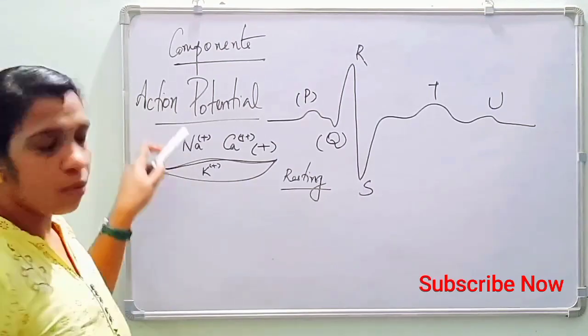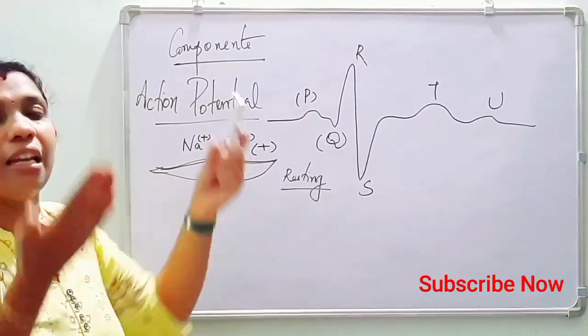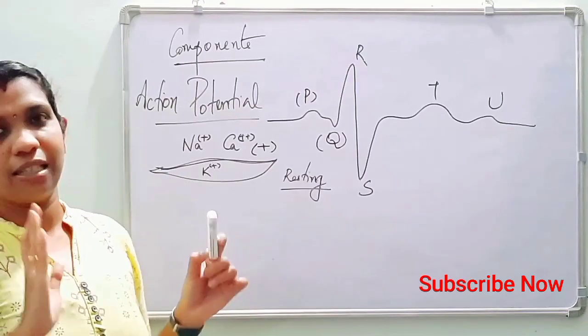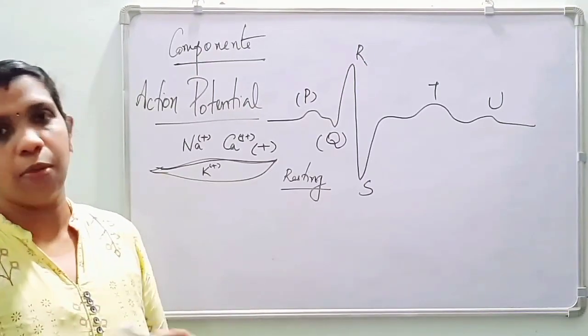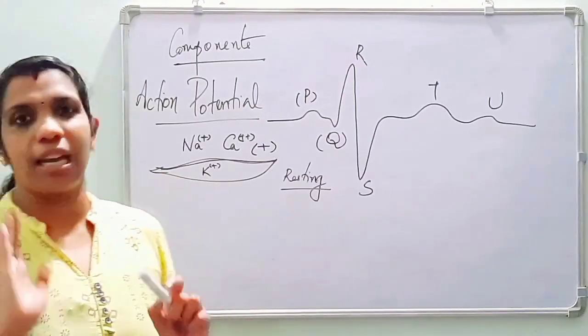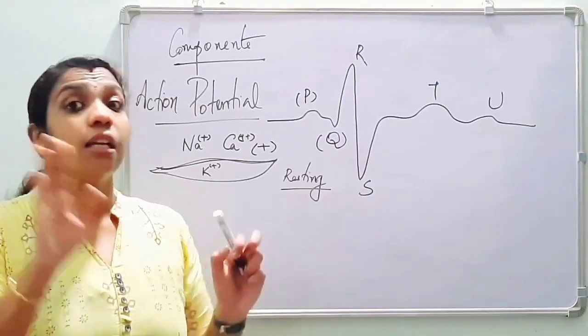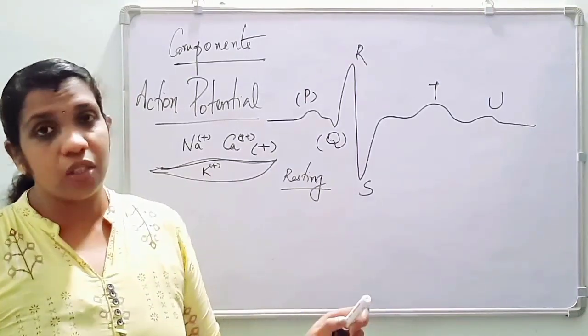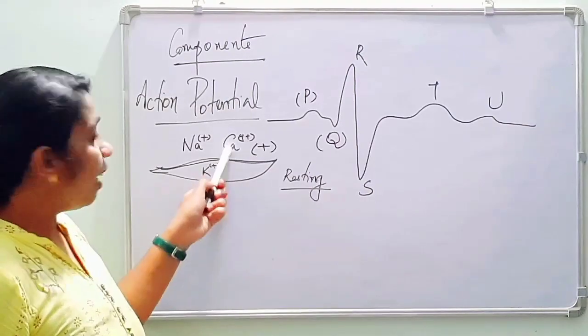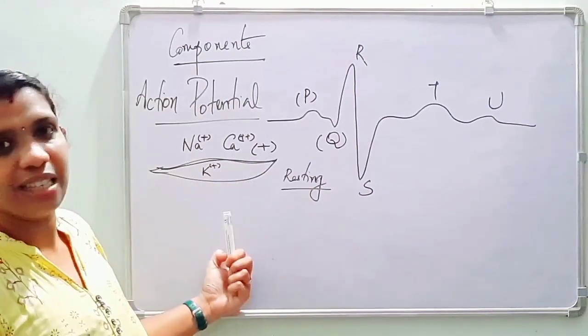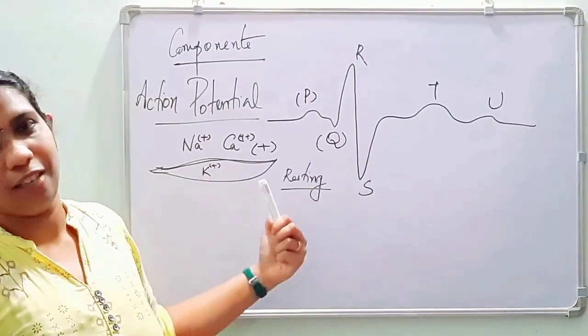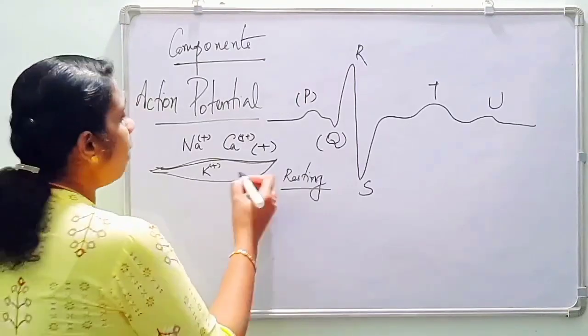So outside is positively charged and inside is less positively charged compared to outside, which is also known as negatively charged. It is not because negatively charged ions are present, but because inside is less positively charged, it is known as negatively charged.